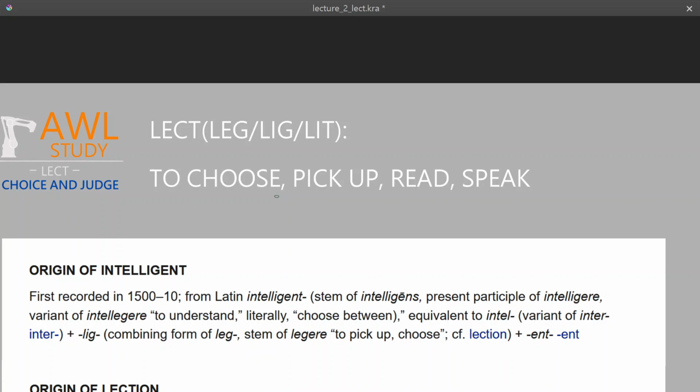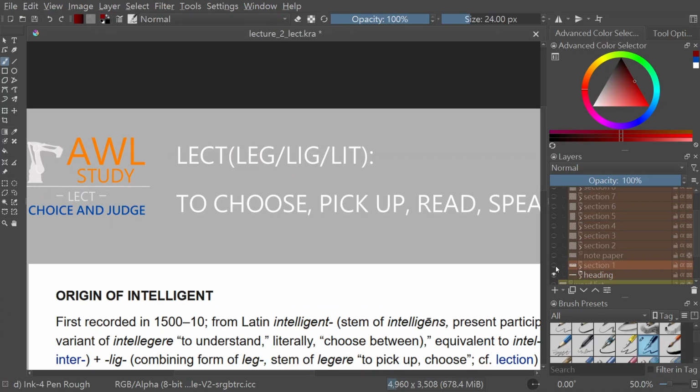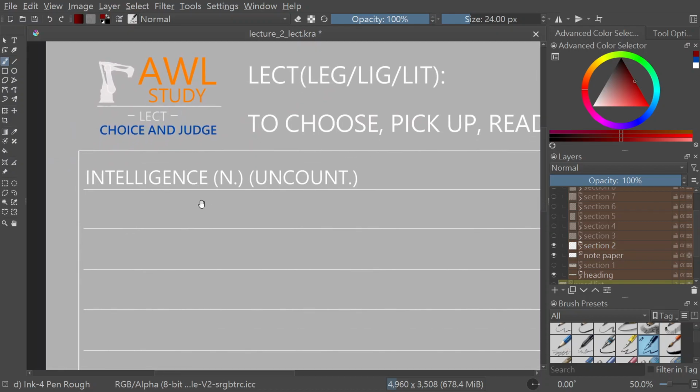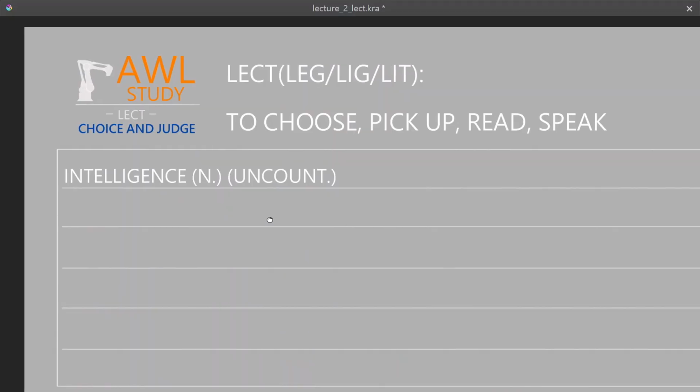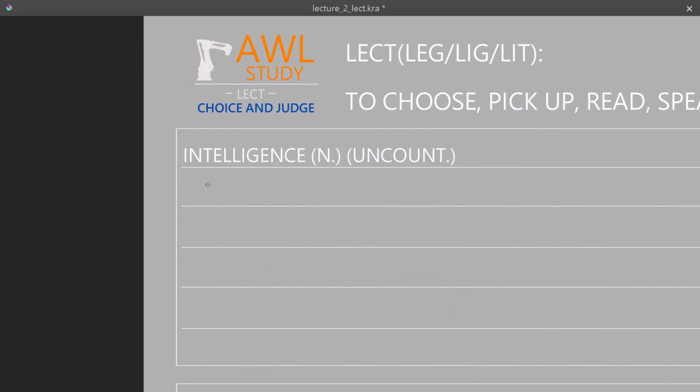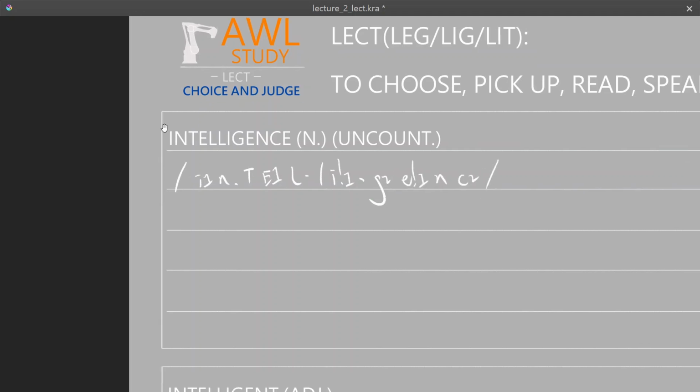All right, now let's begin to study some academic words in general. The first one is intelligence.